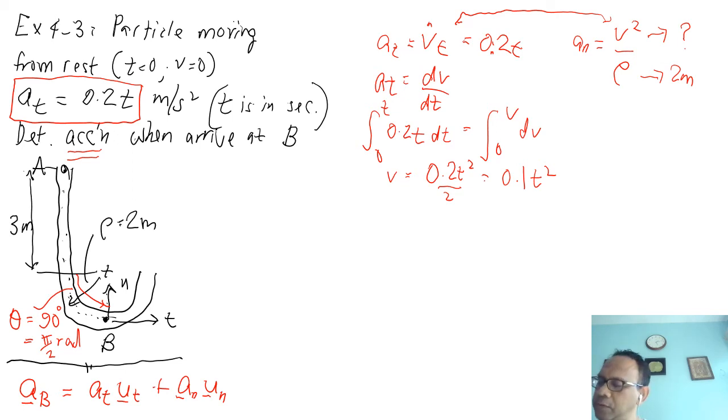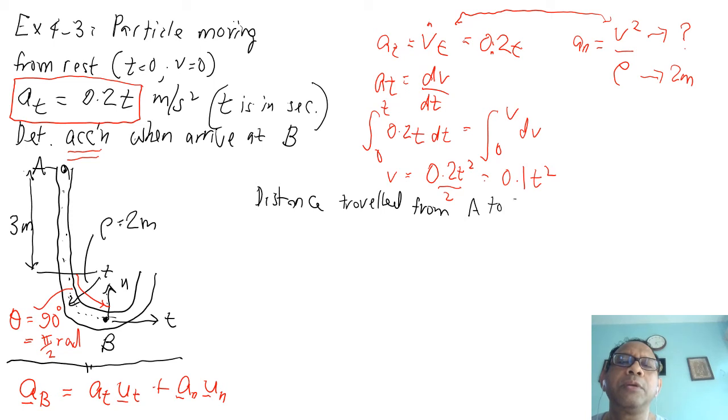From there we know the distance traveled from A to B. From A it is 3 meters plus pi over 2 radian. 2 pi r is the whole circle, so it's a quarter of a circle, so 1/4 of 2 pi r. r is known as 2 meters.